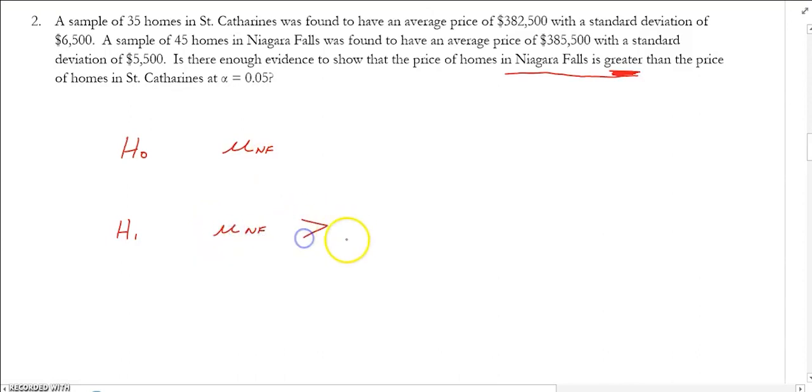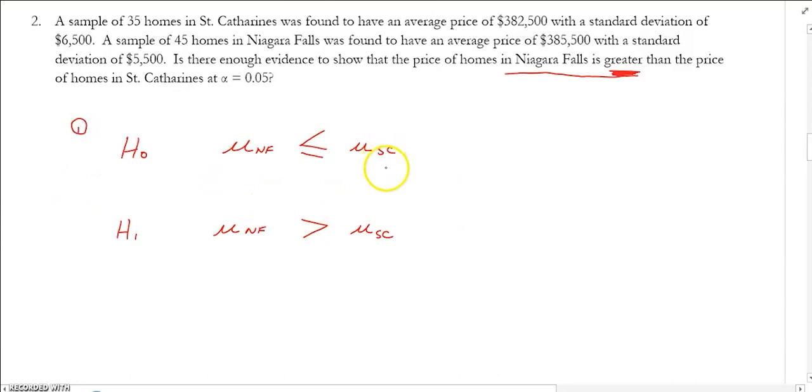So the greater than goes in the alternative hypothesis, and greater than that of St. Catharines, and that would mean the null hypothesis is less than or equal to the mean of St. Catharines. So there's our first step.